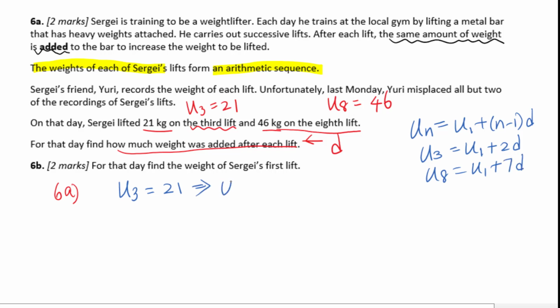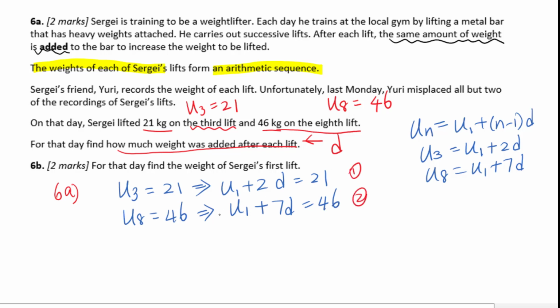Basically, I'm looking for the common difference. On the 3rd lift, u3 equals 21. On the 8th lift, u8 equals 46. Using un equals u1 plus n minus 1 times d, u3 equals u1 plus 2d and u8 equals u1 plus 7d. So we can write u1 plus 2d equals 21 and u1 plus 7d equals 46. Subtract the equations. Cancel. Negative 5d equals negative 25. Divide by negative 5 on both sides. d equals 5.